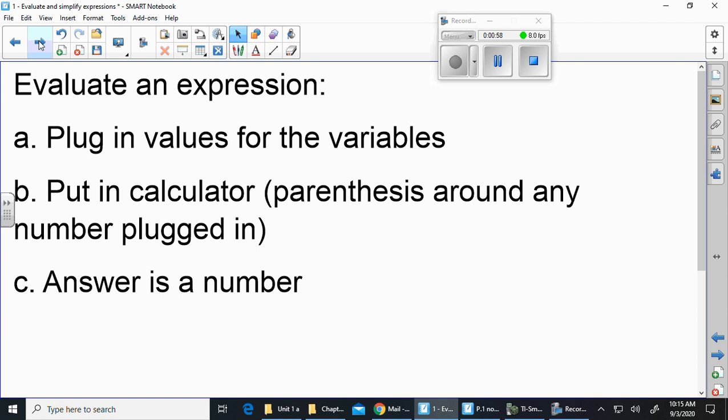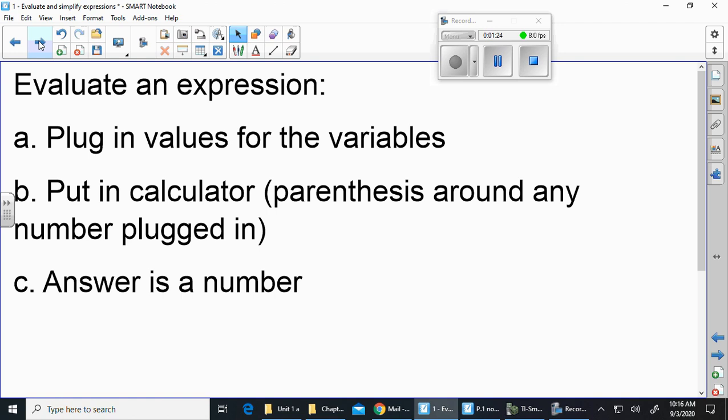You've got to get used to standardized tests where they don't need to see your work, but you have to be careful that you're using the calculator correctly. The big thing is anytime you plug a number in for a variable, you put it in parentheses, and the exponent goes on the outside of the parentheses.